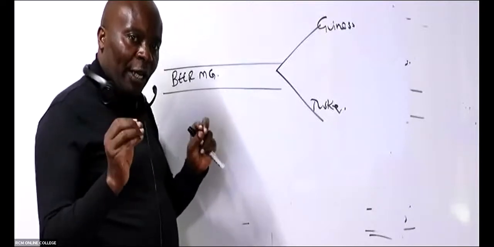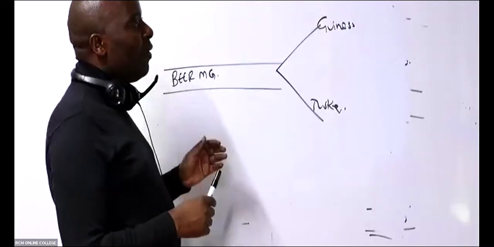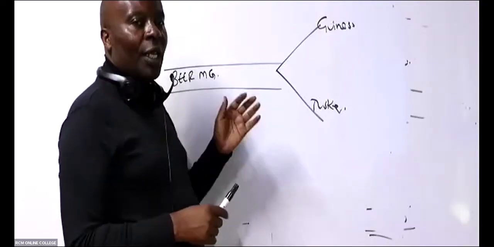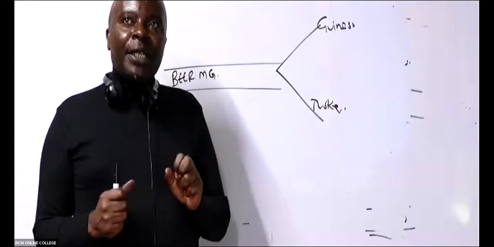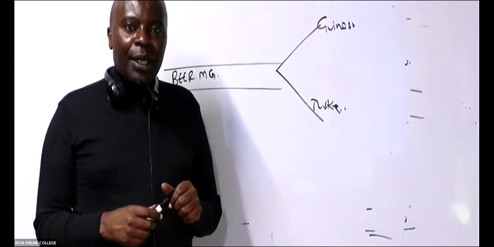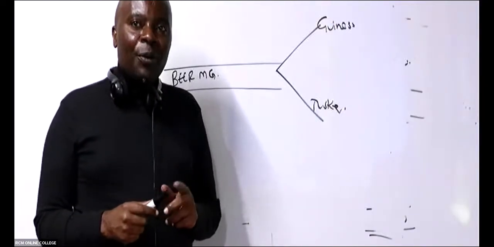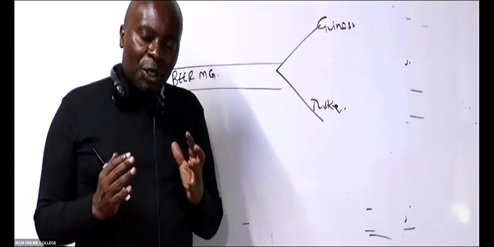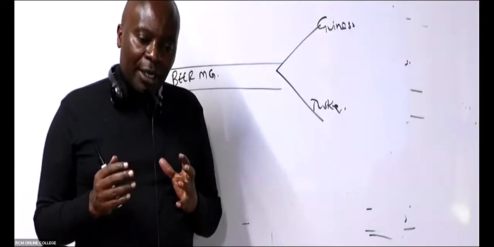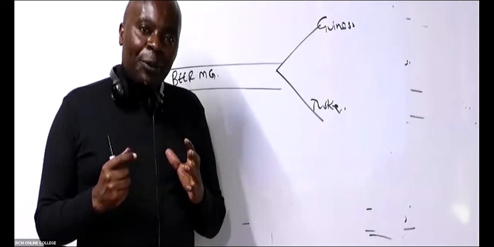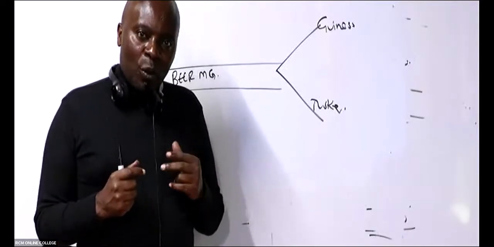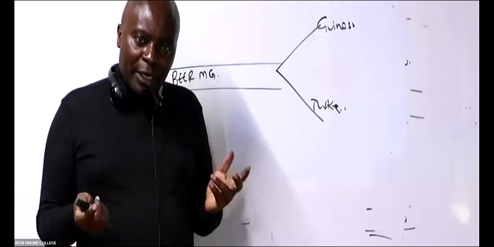But ladies and gentlemen, if, for example, a particular process leads to production of, say, 2 products, in this case, you're producing chairs. You're a carpenter. So in the process of producing these chairs, you end up coming up with 2 products. One product will be the chairs you are supposed to produce.